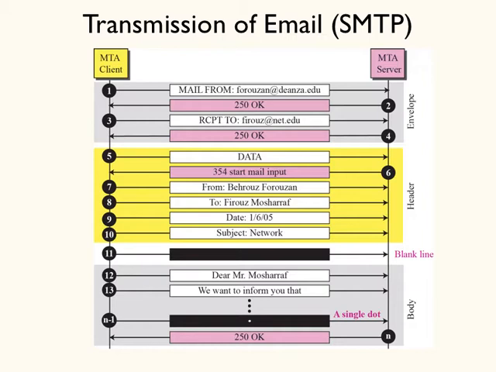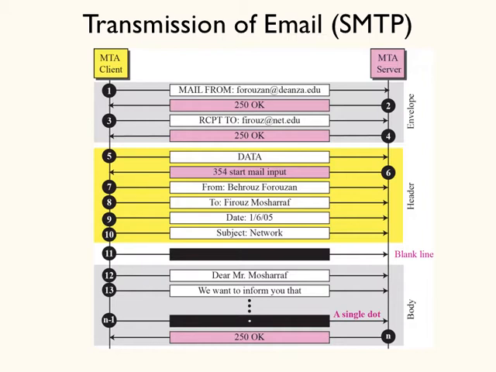So basically, how we send a mail is this: this is your, let's say, Outlook, and this is your mail server. Your Outlook will first establish a TCP connection with the server. Then this is the message it sends, just ASCII.